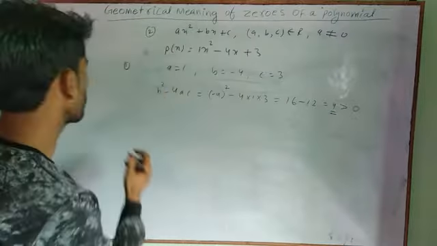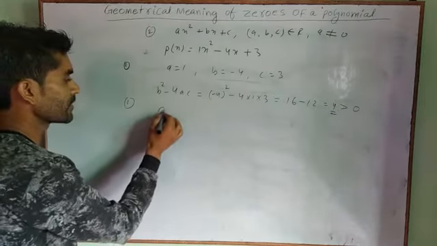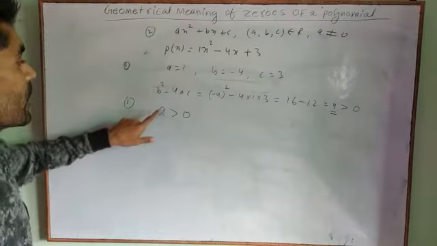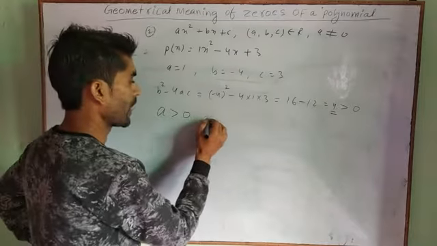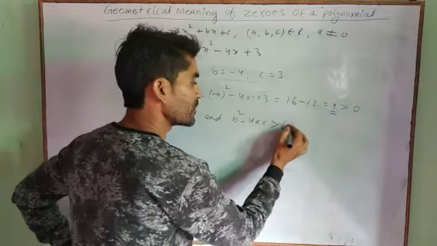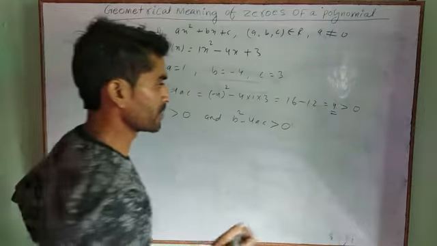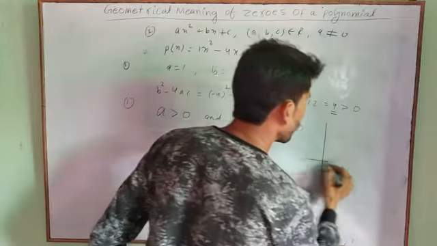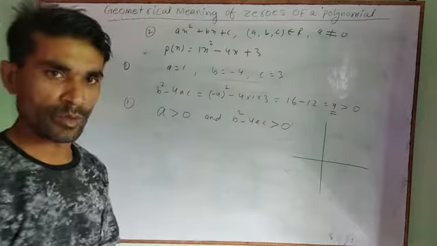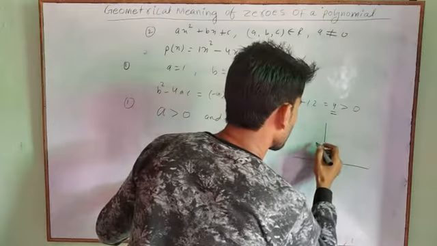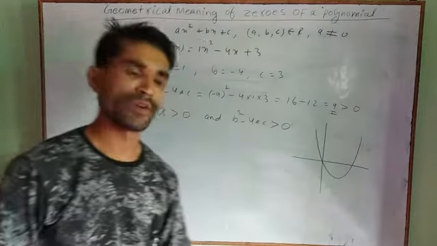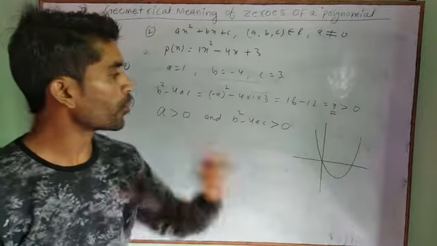So case number 1: when a is greater than 0, as we can see here, 1 which is greater than 0, and b square minus 4ac is also greater than 0, then the graph of this type of quadratic polynomial will be a parabola, and it will look like this. It will intersect at two different points, here and here, and it will open upwards.